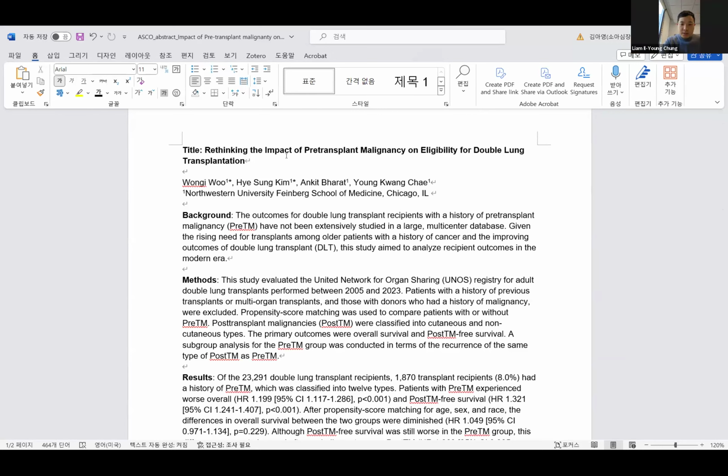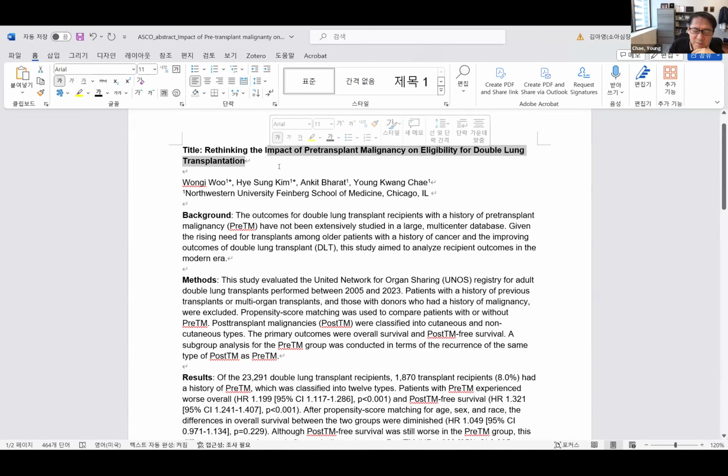So the current cohort C title is: rethinking eligibility for double lung transplantation in patients with recent history of malignancy. Oh, it's very similar.